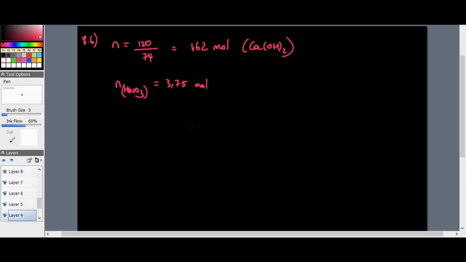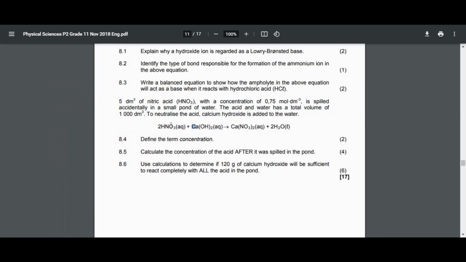So now we again have to use the ratio of HNO3 to Ca(OH)2, and that is 2:1, still 2:1 from the reaction that we see here.